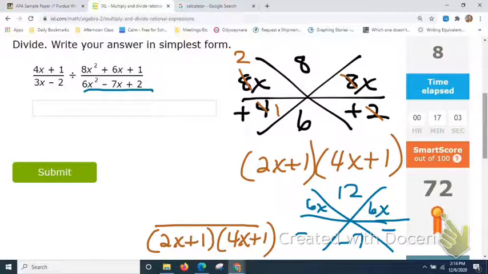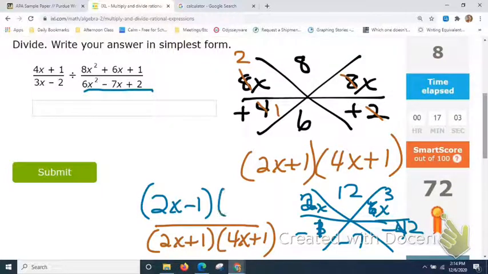So what multiplies to 12 and adds up to 7? Yeah, 3 and 4. And they're both minus. And then that reduces to be a 1 and a 2, and to be a 3 and a 2. So that's 2x minus 1 and 3x minus 2.